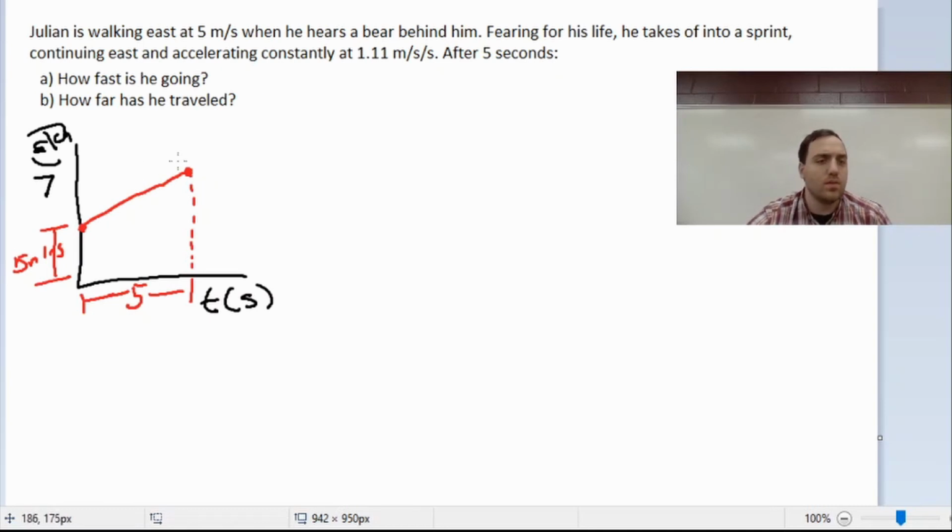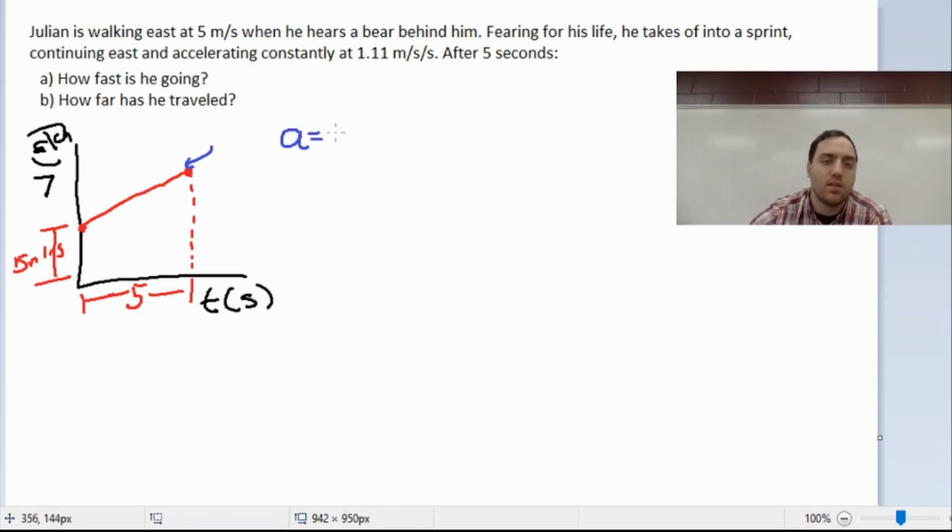I don't know where this point is. I don't know how high it is. I just know it's after 5 seconds. But it's on this line that starts from the 5 meters per second and continues upward, and it follows this acceleration. So when in doubt with one of these, go to your acceleration definition.